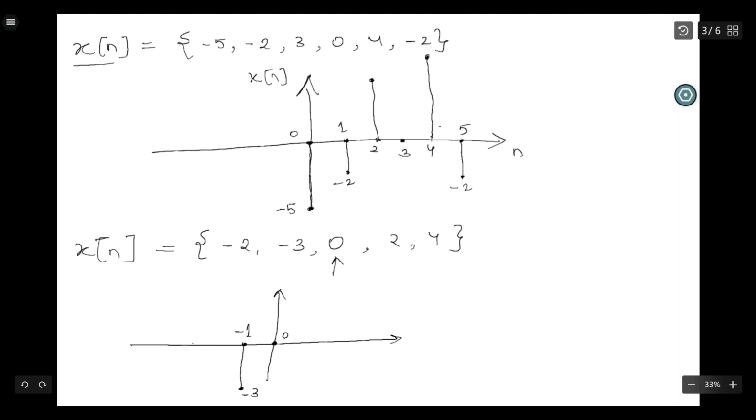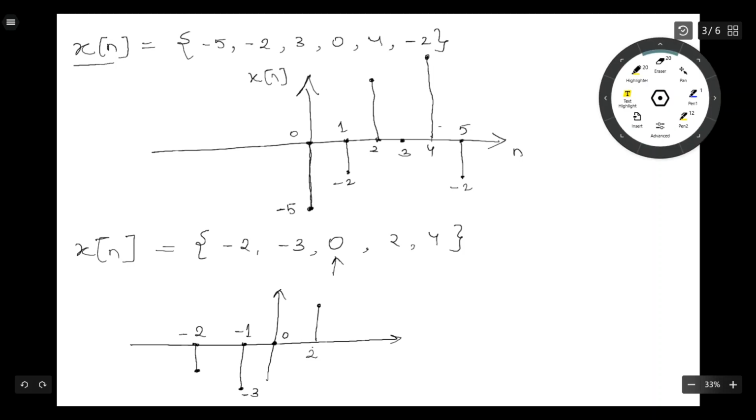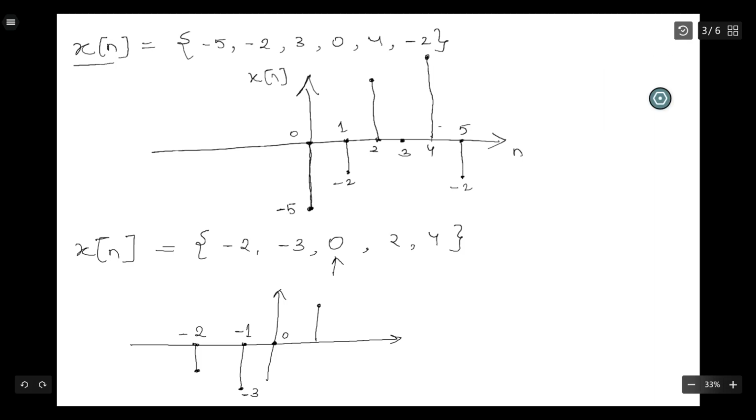At -2 we have -2. At 1 we have 2. Sorry, this is at 1. And at 2 we have +4.